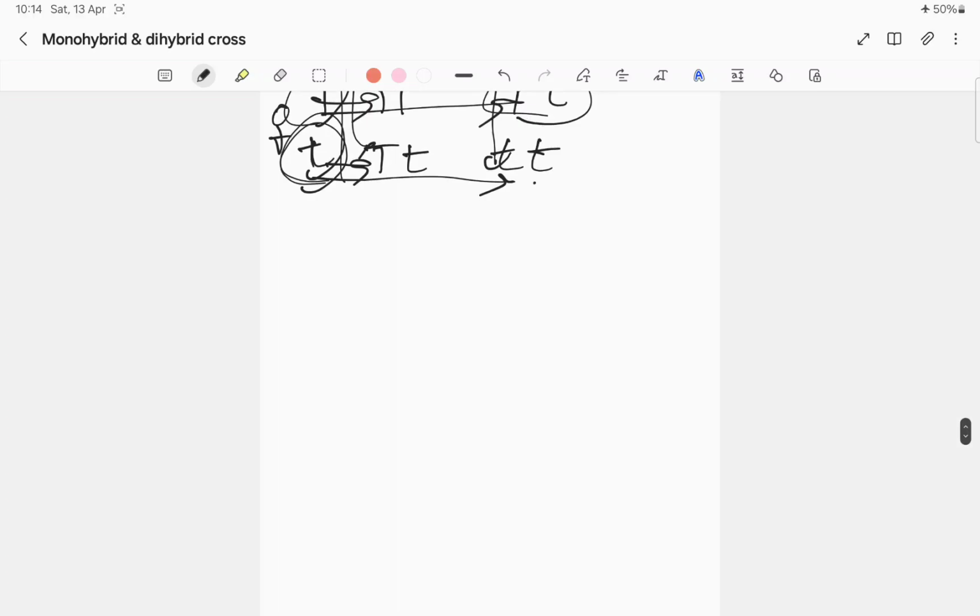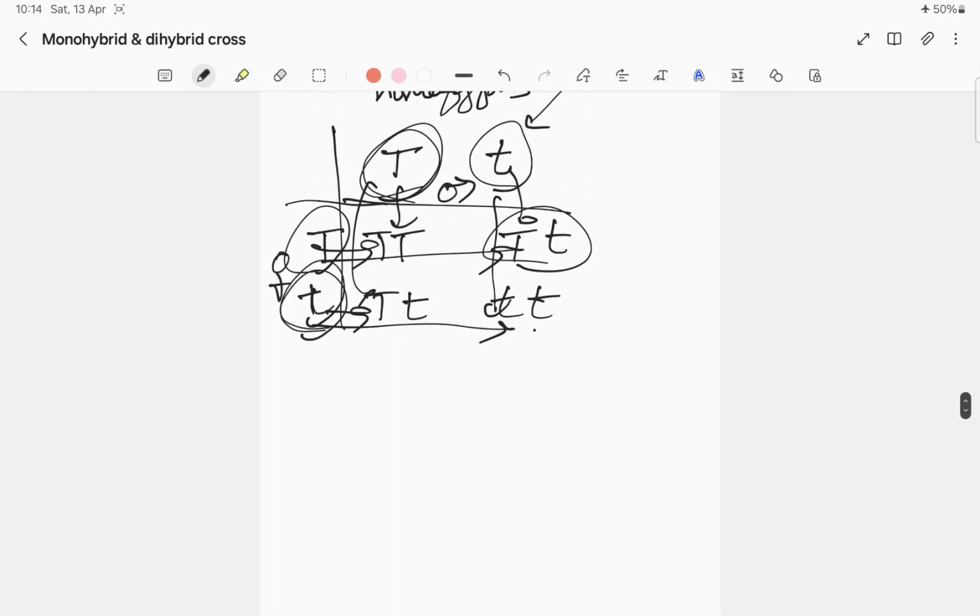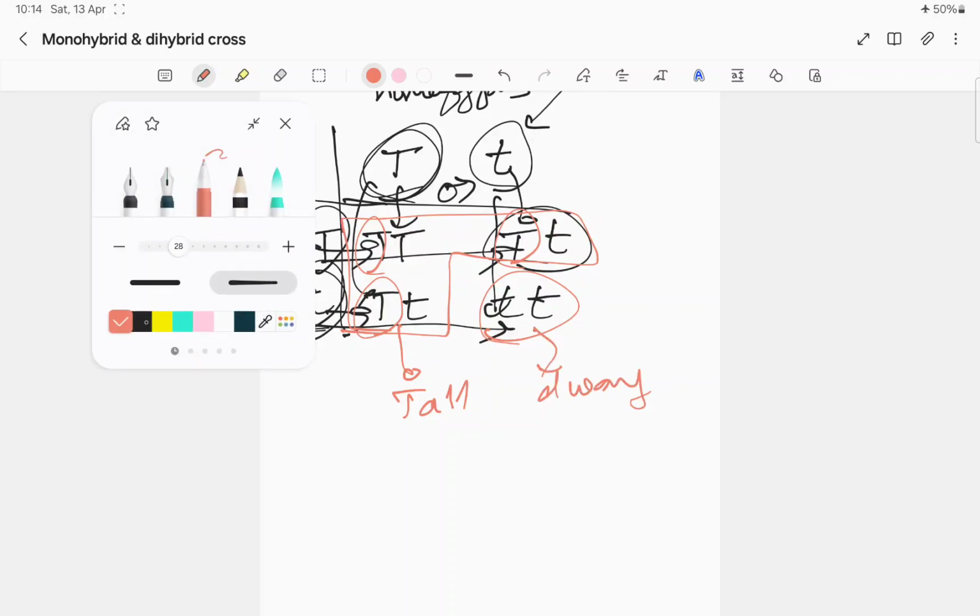You have understood, right? Now the phenotypic ratio, see, all these three plants have at least one capital T. So we can say these are all tall, and this one will be dwarf, right?